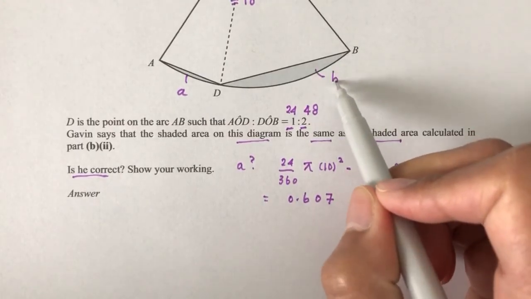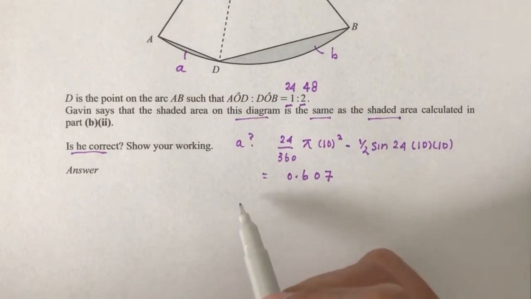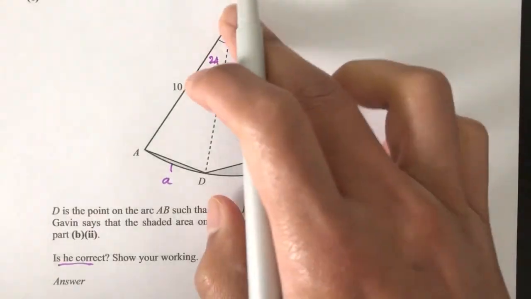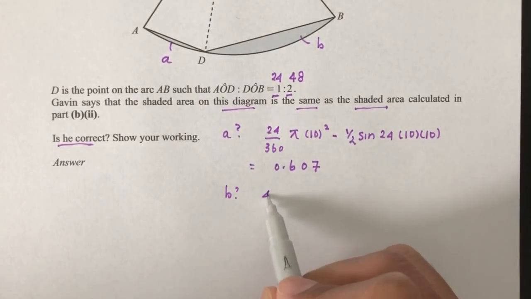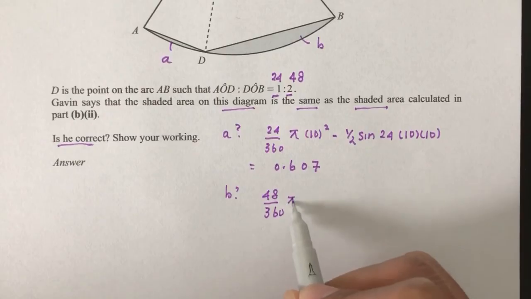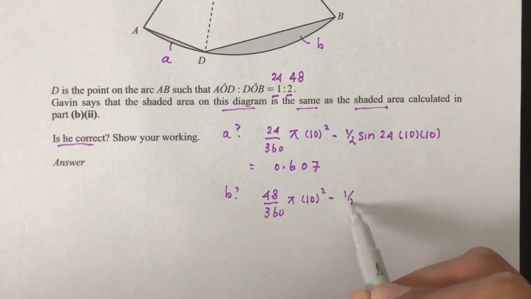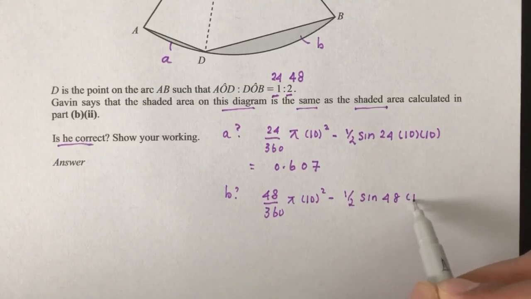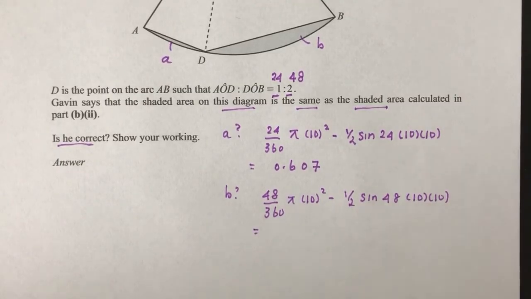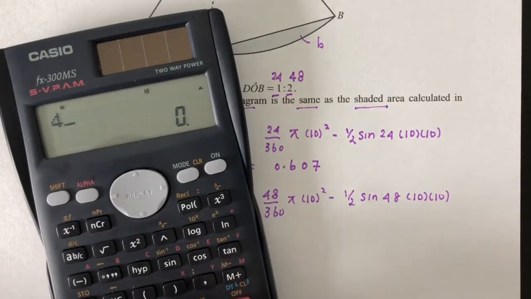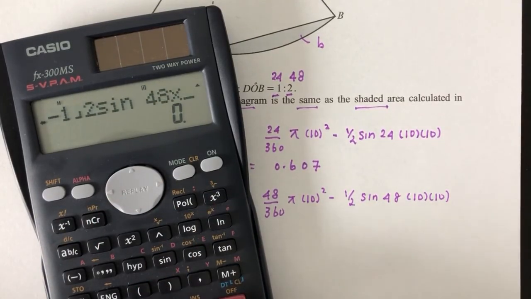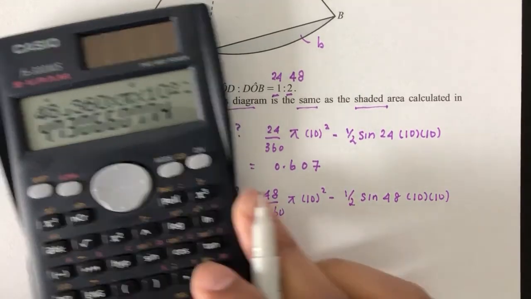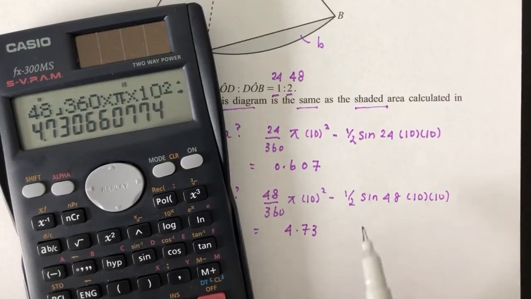Now the area of B will be the same process. Take the area of the sector minus the area of the triangle. The sector will be just the angle change: 48 over 360 times pi r squared, minus half sine of 48 times 10 times 10. So let's do that: 48 over 360 times pi times 10 squared minus half sine of 48 times 10 squared becomes 4.73.